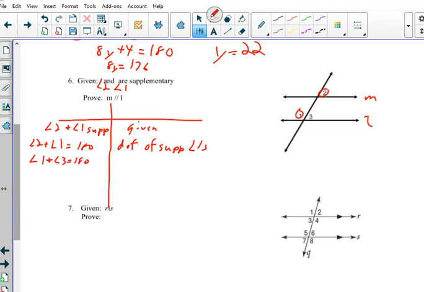Why? Well, because they're a linear pair. So, since both pairs are equal to 180, we can say angle 2 plus angle 1 equal angle 1 plus angle 3. And we just substituted.